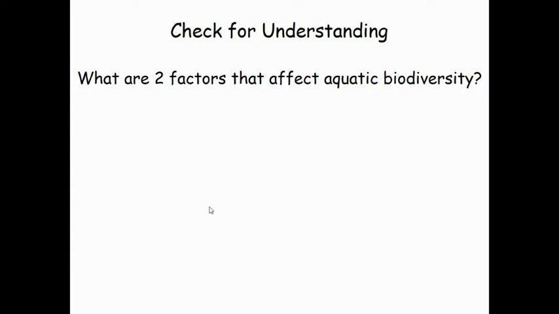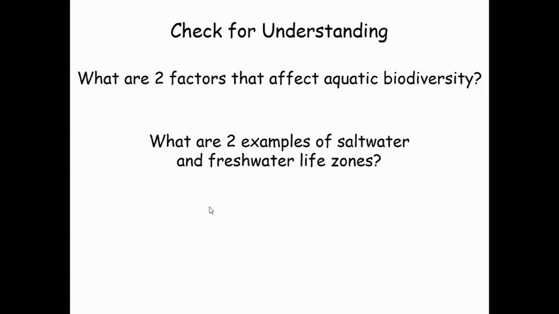What are two factors that affect aquatic biodiversity? Take a look back at number two. Yeah, so we got temperature, dissolved oxygen, access to light, and nutrients. Two examples of saltwater and freshwater life zones. Take a look at number five.